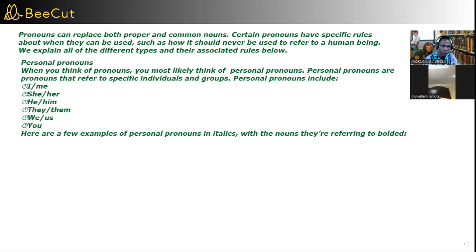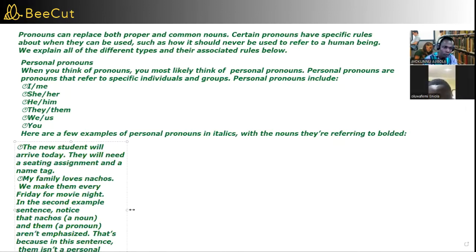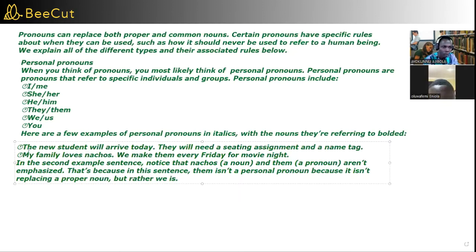I'm going to use one here. Now here: the new student will arrive today. They will need a seating assignment and a name tag.